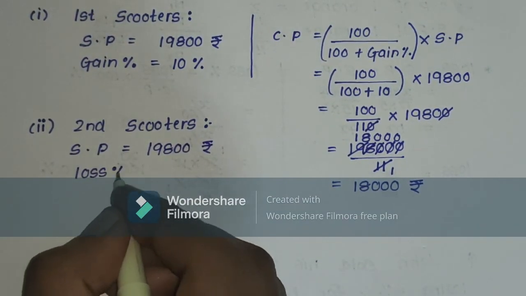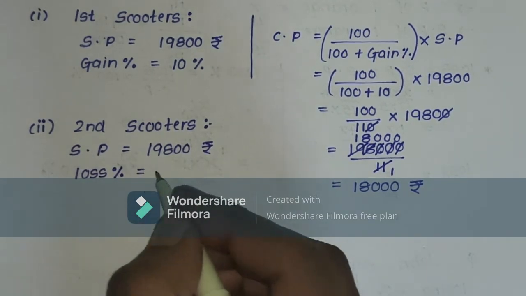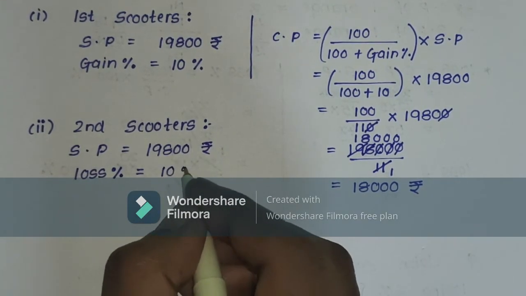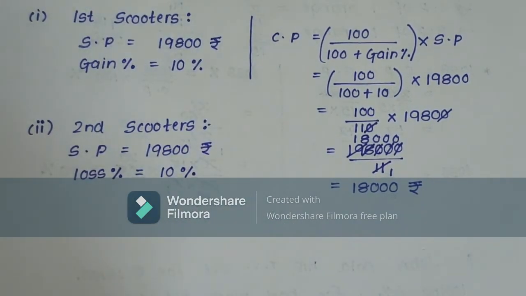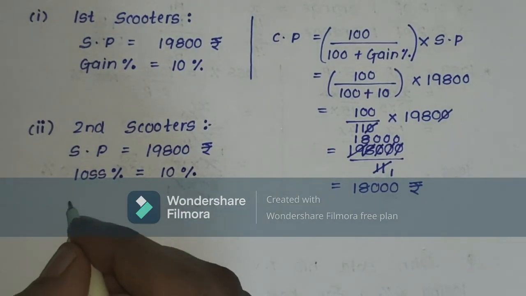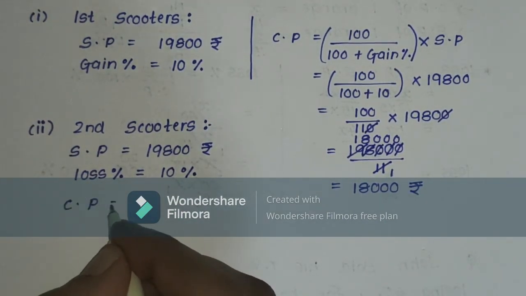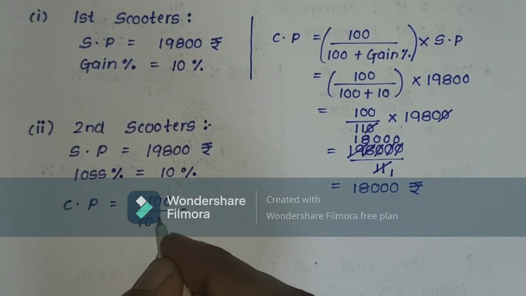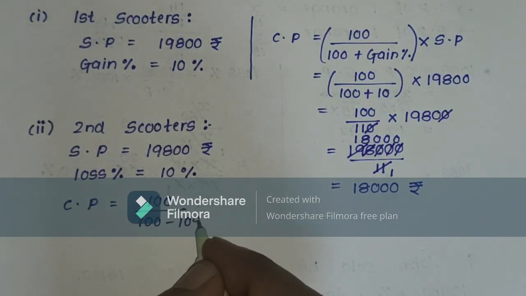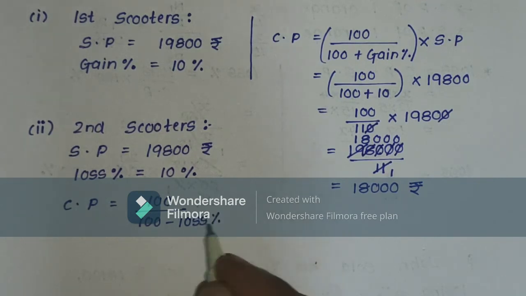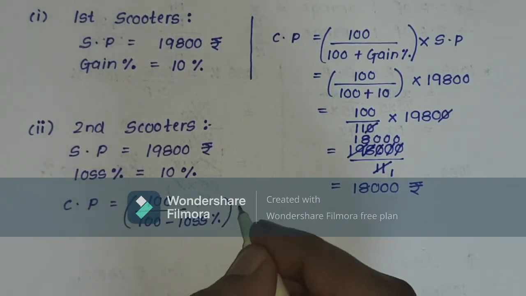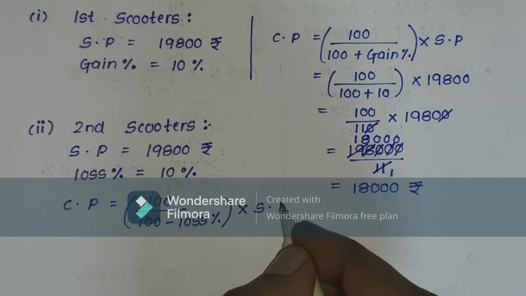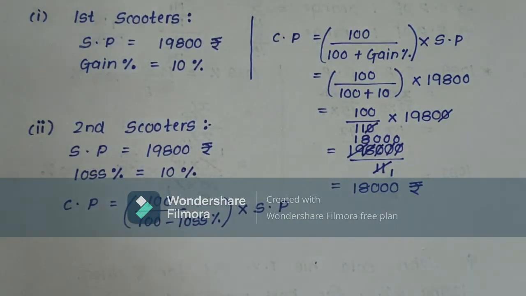So loss percent, see, the second case is for loss. So therefore there will be a change in the formula for finding CP. Yes. So we will say now CP is equal to 100 by 100 minus loss percent, okay, into SP.